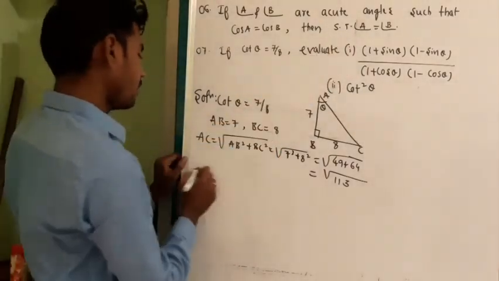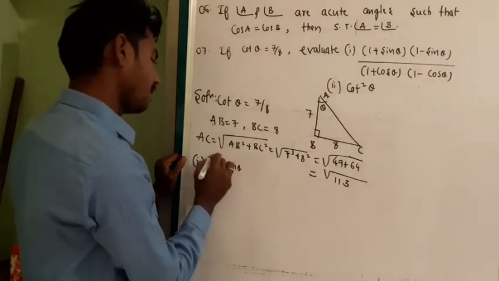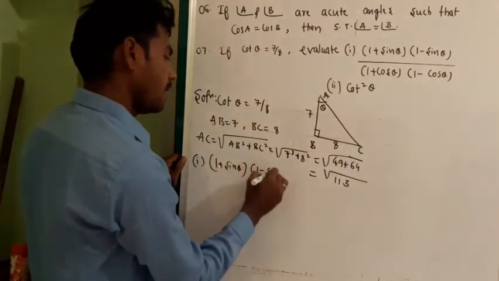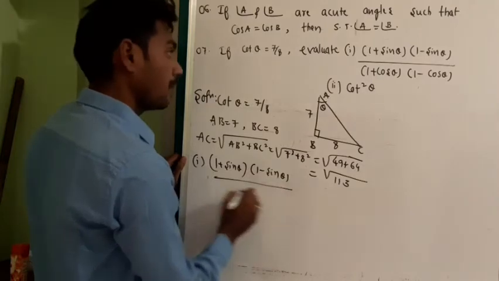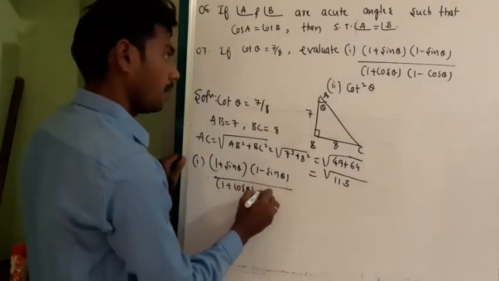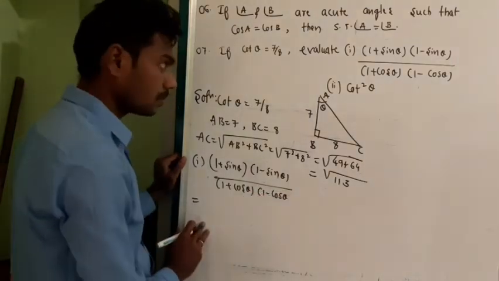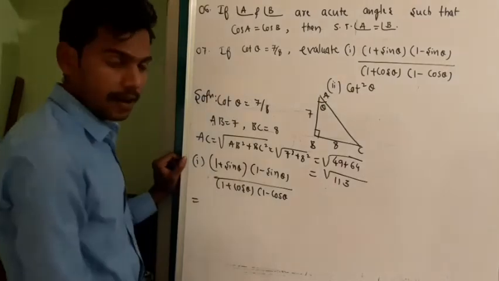See, this first one, we'll consider: 1 plus sin theta into 1 minus sin theta divided by 1 plus cos theta into 1 minus cos theta. Okay, fine. So 1 plus sin theta.